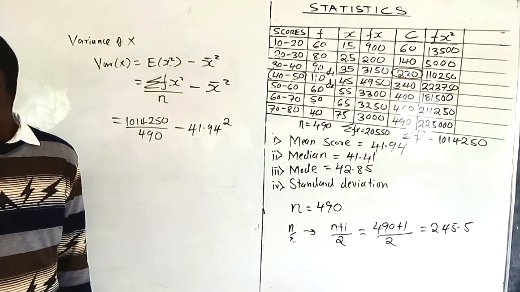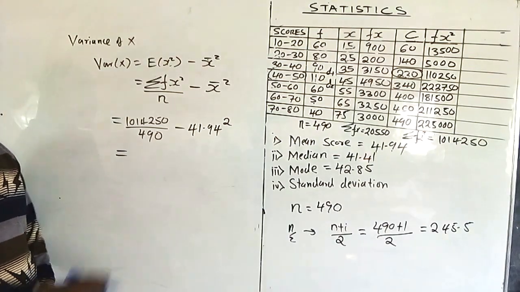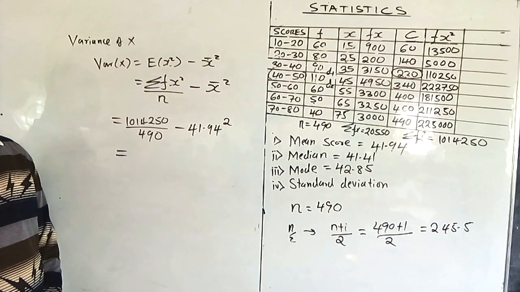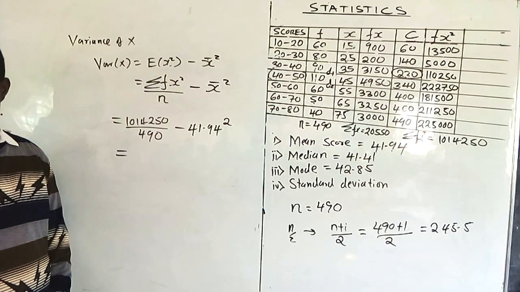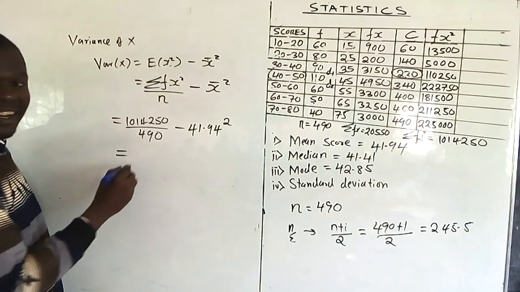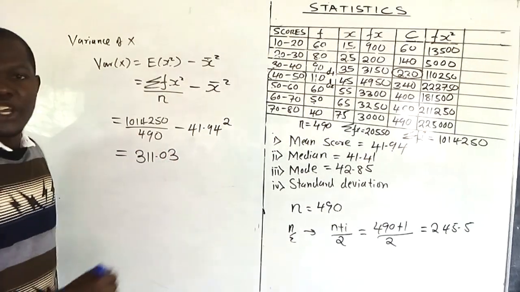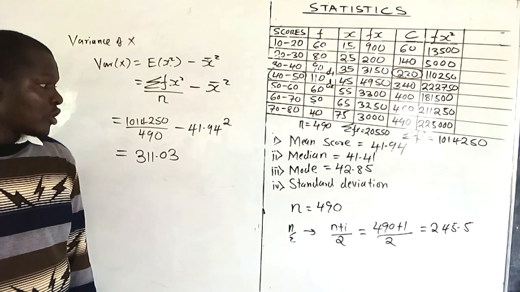Are we together? So what do you get to be the variance? If you work it out in the calculator, you get 311.03. So the variance is 311.03.